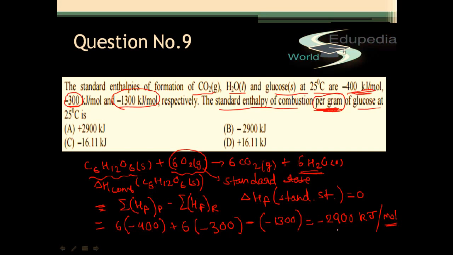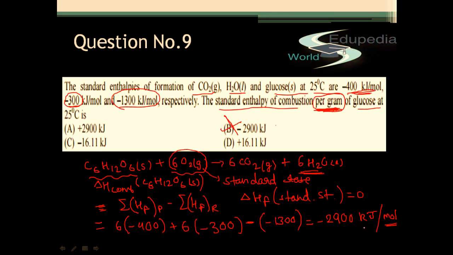See, those students who are not careful will calculate this answer and straight away try to tick the answer as B. But unfortunately, let me tell you, that would be a wrong answer and it would fetch you minus 1 mark. It would get you a negative mark, because it states very clearly that it is per gram and not per mole. So what do we do now?